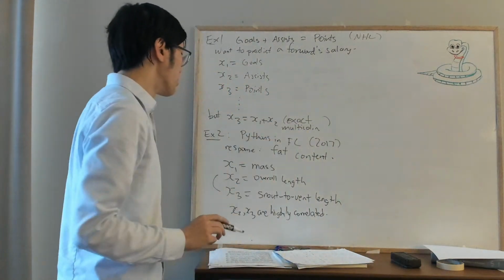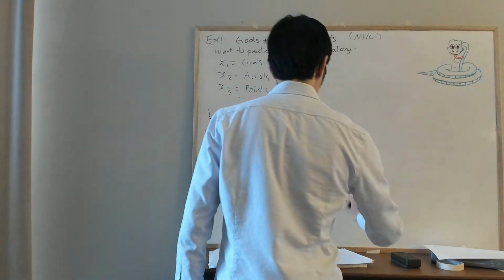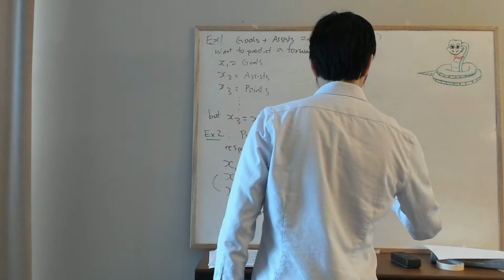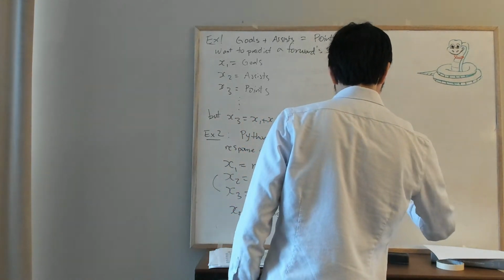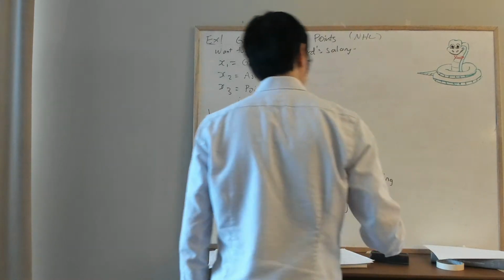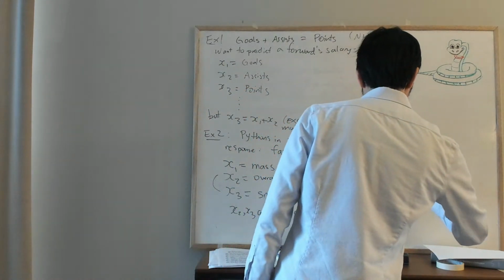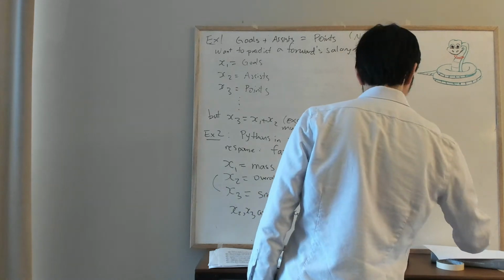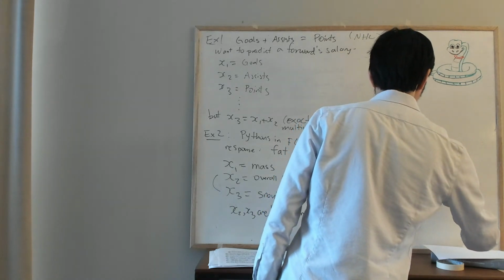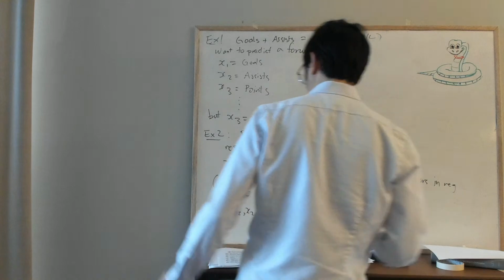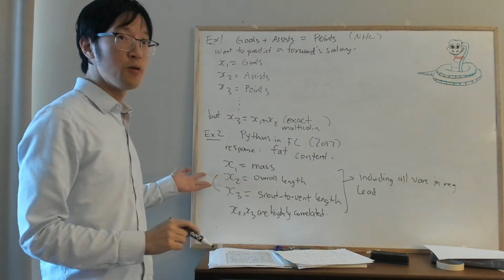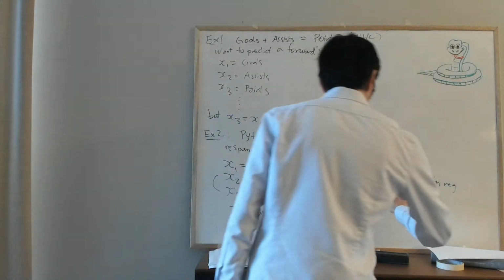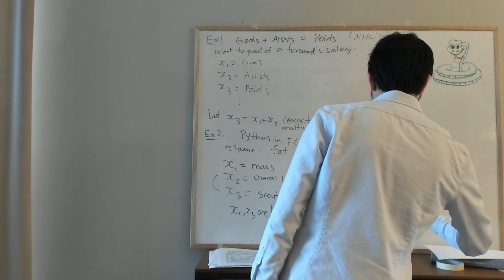Okay, so what that means is that including all the variables in the regression would lead, so we were able to fit the regression because we don't have exact linear dependence, but it will lead to inflated variance estimates.